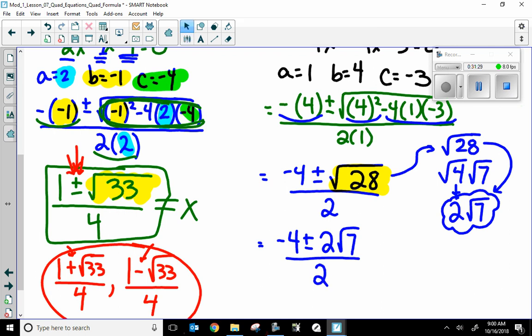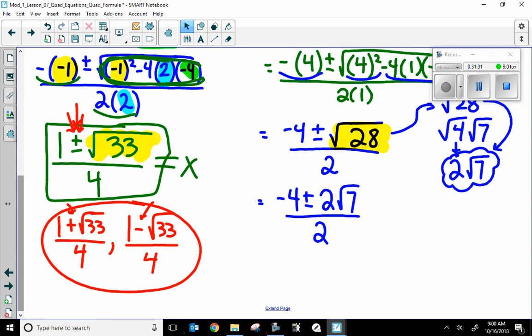You might be saying, oh, thank God, we're all done. But we are not. We have one more thing to do. If I have a common factor between all three numbers that are not in the radical, I can reduce them. Meaning, the number 2 goes into all three of these numbers. 2 goes into here once, 2 goes into here once, and 2 goes into negative 4 negative 2 times.